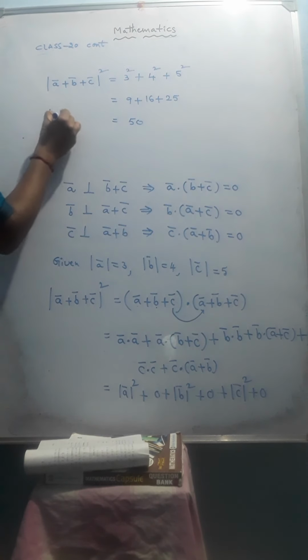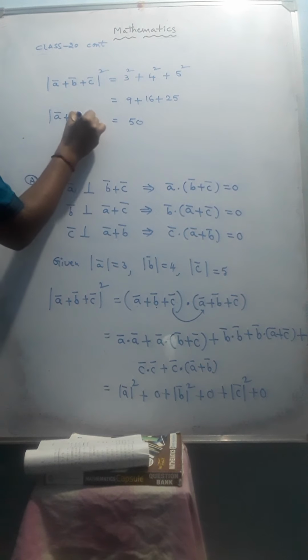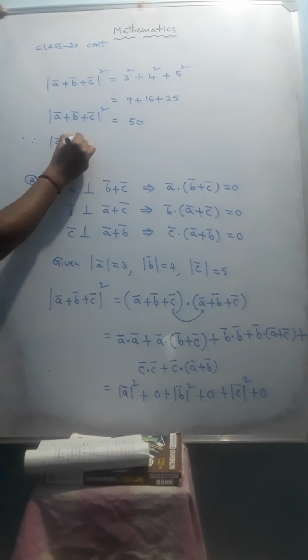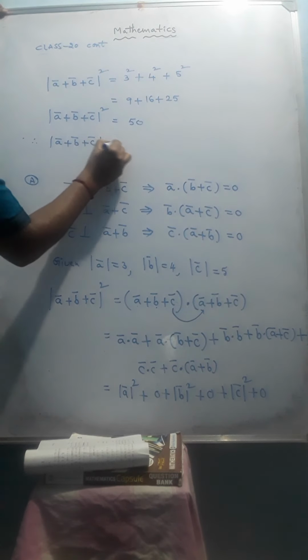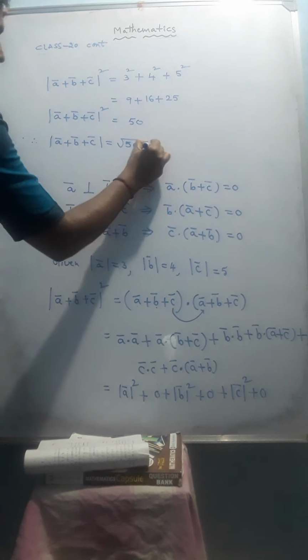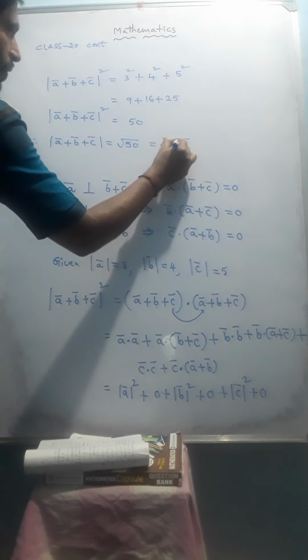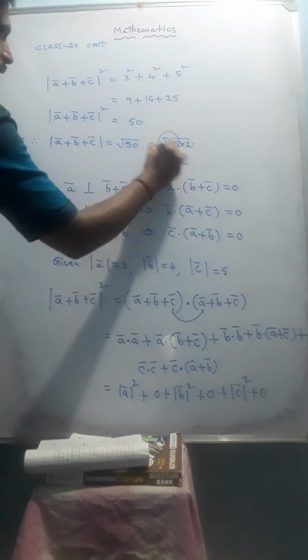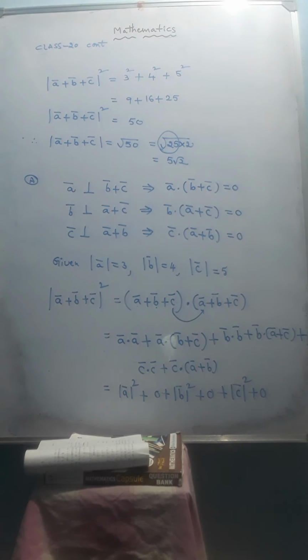So modulus A vector plus B vector plus C vector square is equal to 50. Therefore modulus of A vector plus B vector plus C vector is equal to root 50, that is equal to root 25 into 2, that is equal to 5 root 2. So 5 root 2, that is the answer.